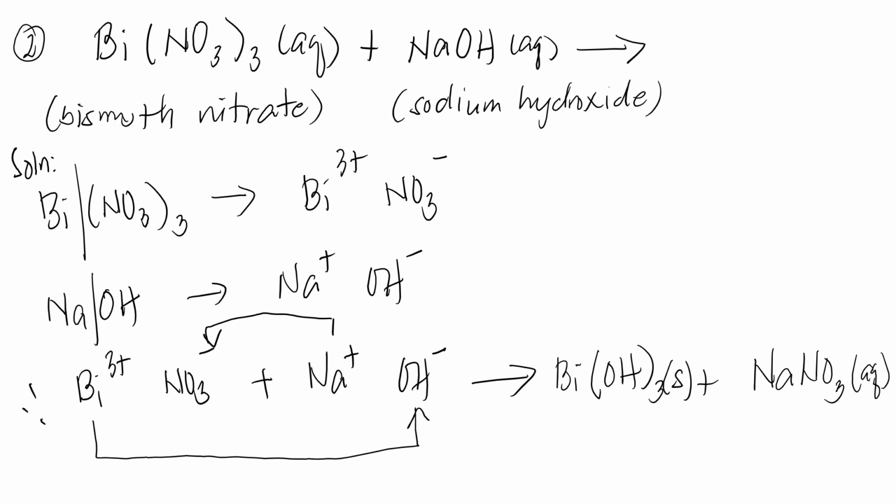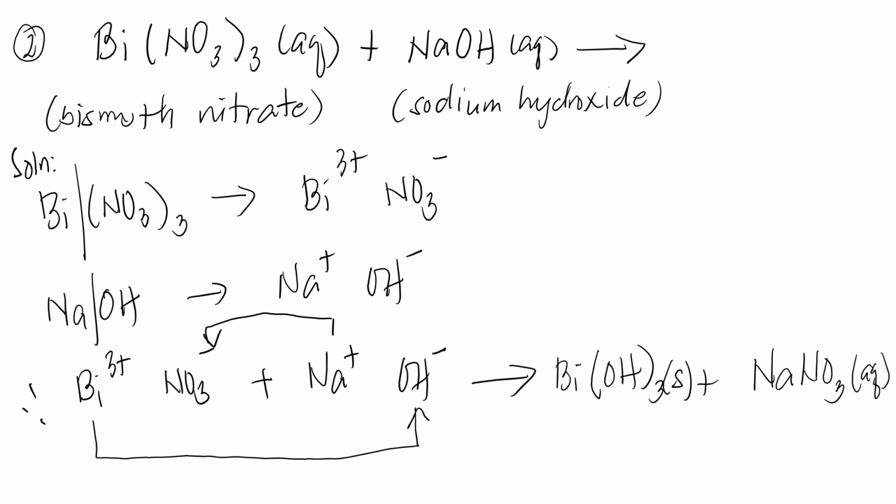Okay, so bismuth combined with hydroxide will produce an insoluble substance, or a solid substance, or a precipitate. That's why you see there the S symbol.